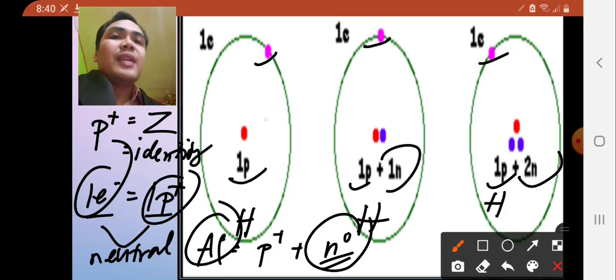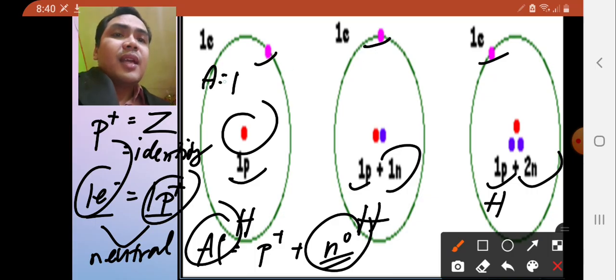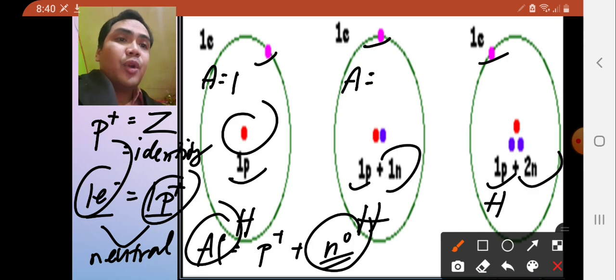So therefore, what's the atomic mass of the first hydrogen atom? So therefore, the atomic mass of the first hydrogen atom is 1. Okay? Then the atomic mass for the second hydrogen atom is equal to 2, since 1 proton plus 1 neutron is equal to 2.